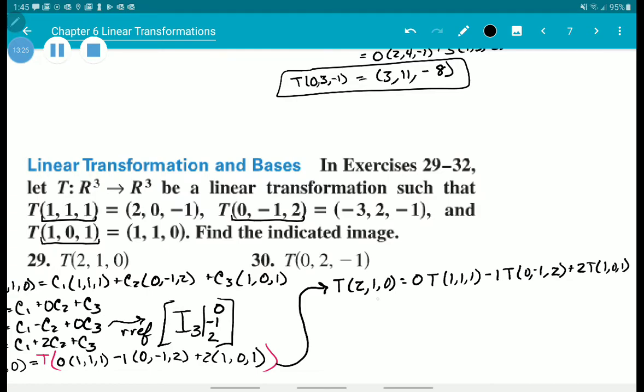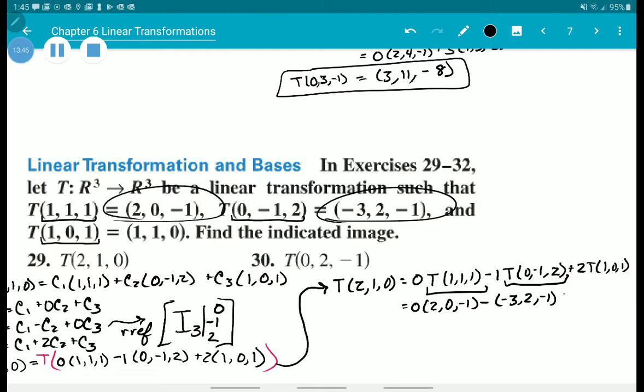And we know those pieces. We know what this guy is. It tells us the transformation of 1, 1, 1 is equal to 2, 0, negative 1. And we know the transformation of 0, negative 1, 2 is equal to negative 3, 2, negative 1. And the transformation of 1, 0, 1 is equivalent to 1, 1, 0.